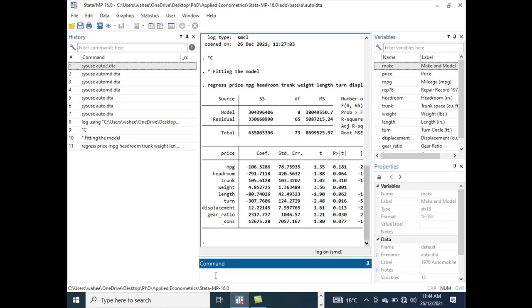Let's restart our discussion. So I hope as far as the fitting of the model is concerned, is it clear? Yes, sir. How to fit it? You have two ways.